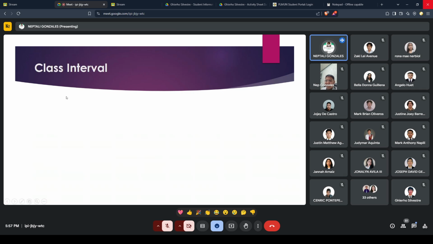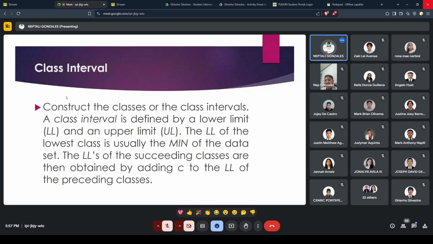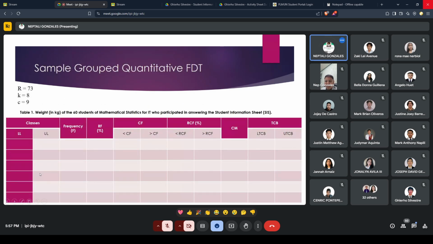So next is the class interval. How will you know the class interval? Construct the classes or the class intervals. A class interval is defined by a lower limit or LL. You saw that earlier. These are the classes, this is the class interval.